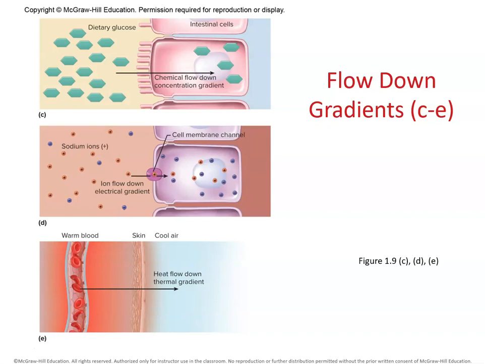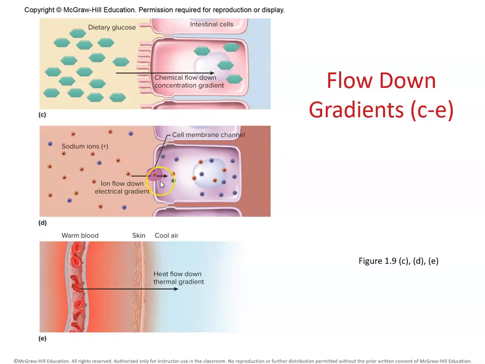So if we go back to talking about our glucose in our blood, and we're trying to get that glucose into the different cells so that it can metabolize, this happens automatically. There's no energy needed. We have a high concentration of glucose in the blood outside of the cell, a low concentration in the cell, and so the glucose is going to move from high concentration to low concentration without any energy needed to be put in.